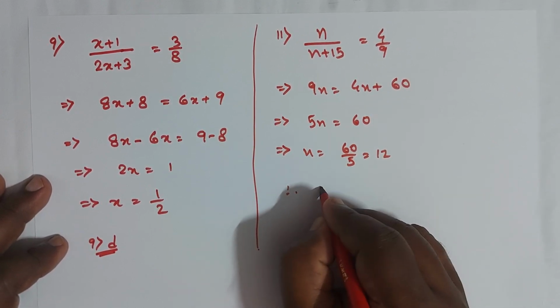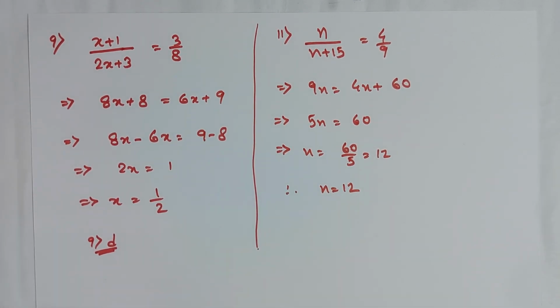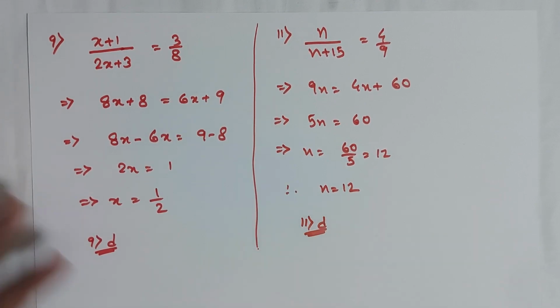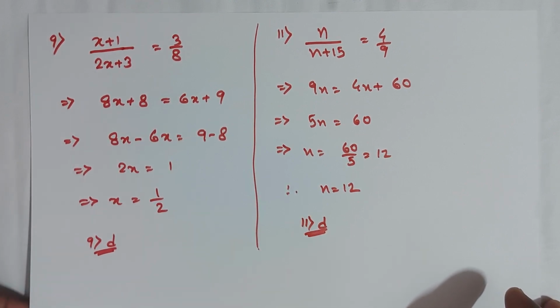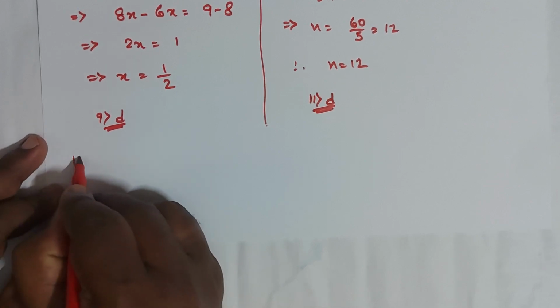So therefore n equals 12. Okay, so now if n equals 12, the answer is option D. Now we will do question number 12.